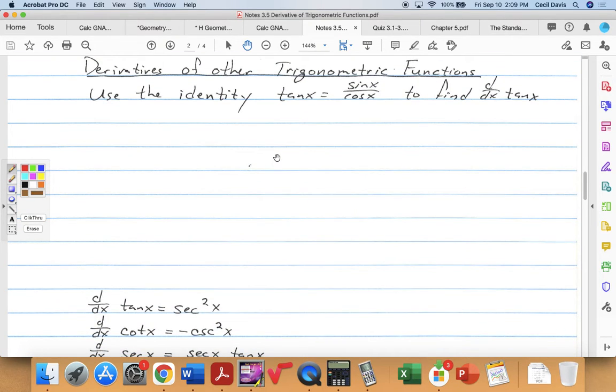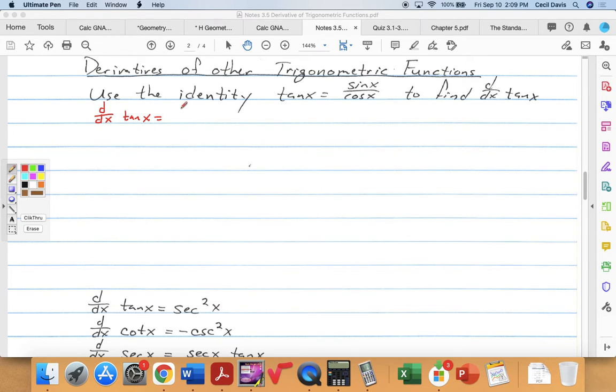So, derivatives of other trig functions. If you know the derivatives of sine and cosine, you can generate all of the other ones using the quotient rule. So, for example, the derivative with respect to x of tangent of x is the derivative of sine of x over cosine of x.